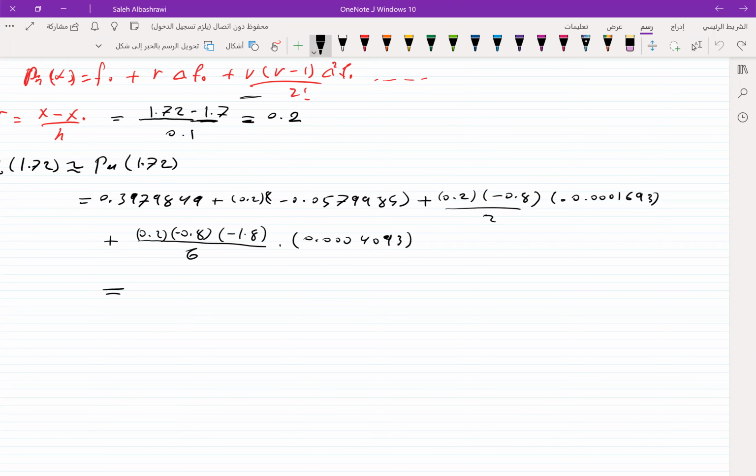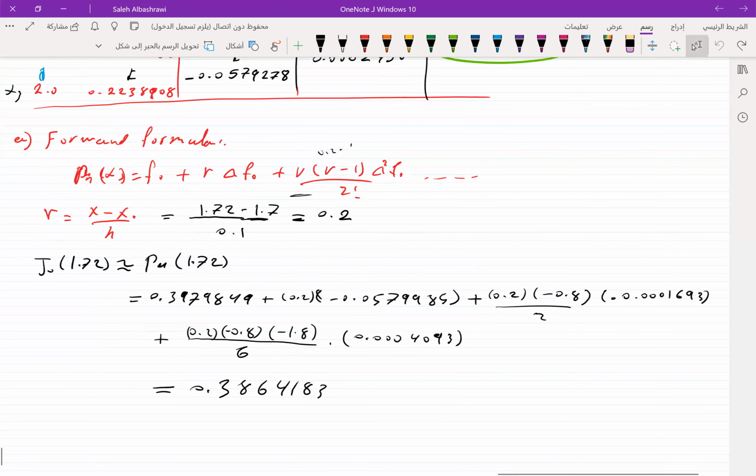And the value for this one will give me 0.3864183. So this is if you apply the forward formula.